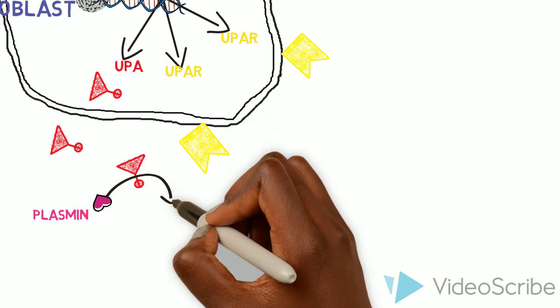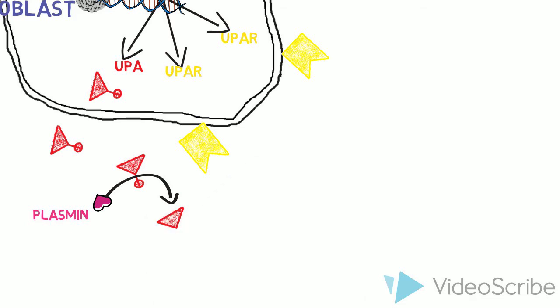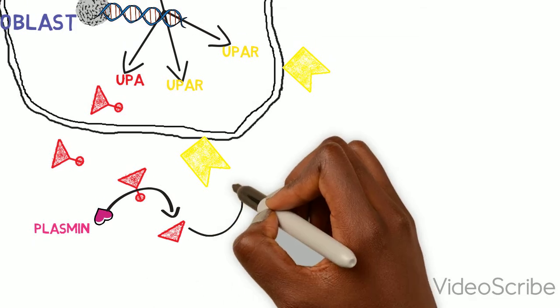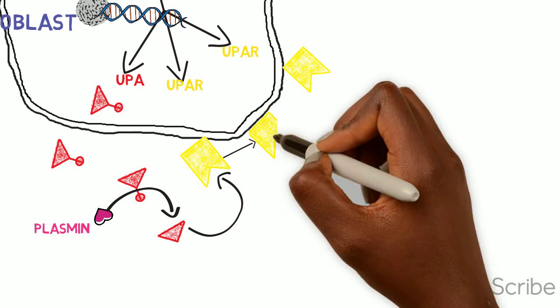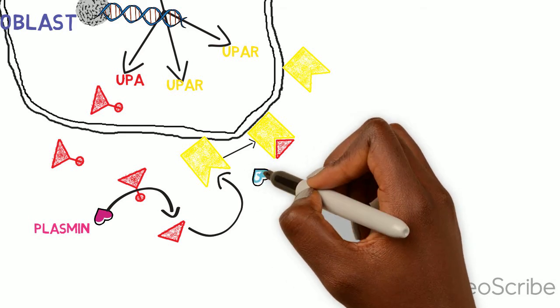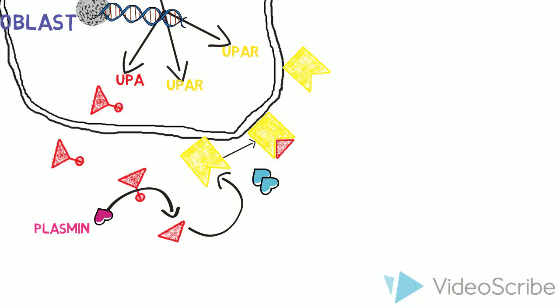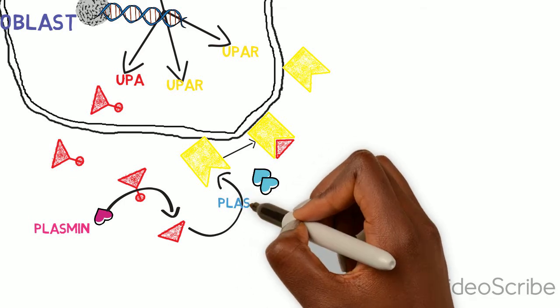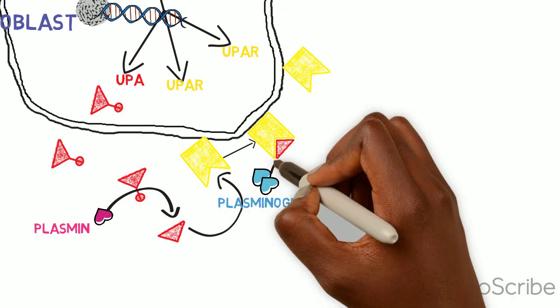Now, plasmin at this point is at a very low concentration in the extracellular matrix, and we'll see why in a little bit. So here, plasmin activates UPA, allowing UPA to interact with its receptor, forming another protein complex, and it will be this protein complex that will actually cleave the ubiquitous plasminogen into plasmin.